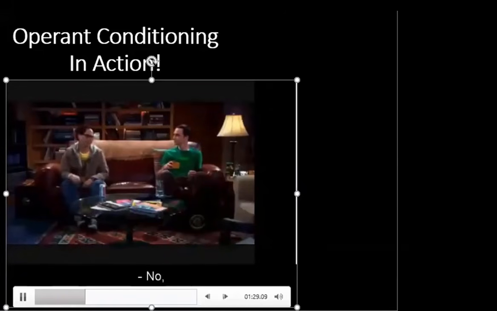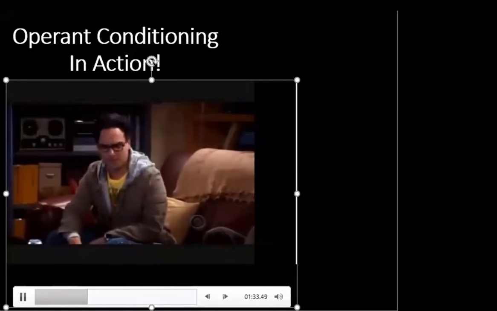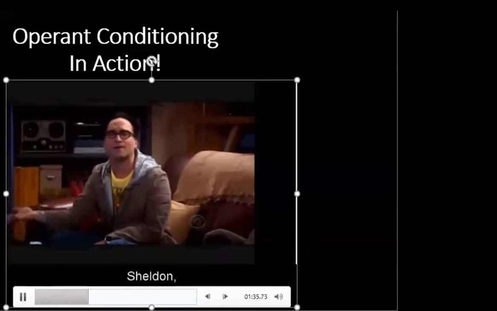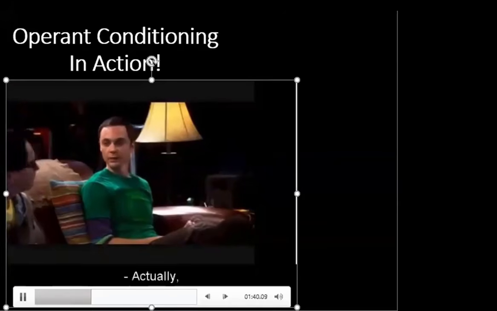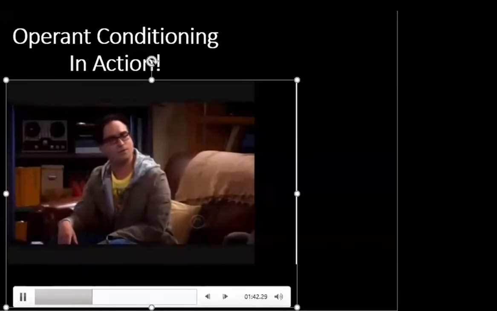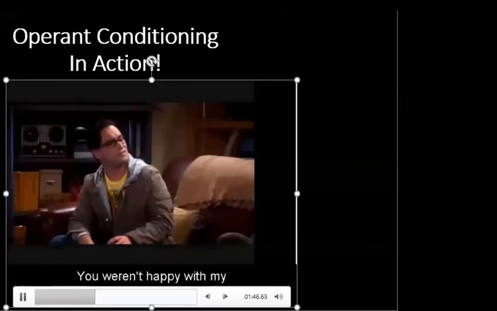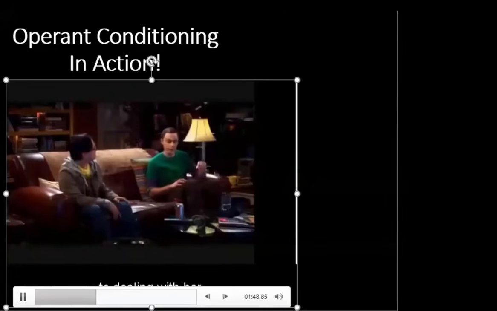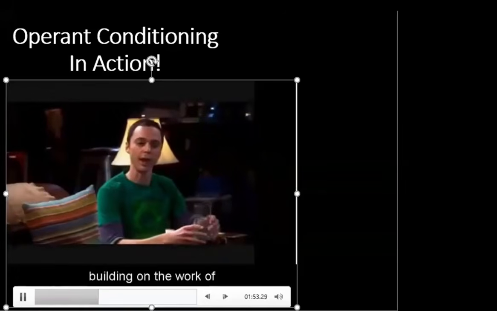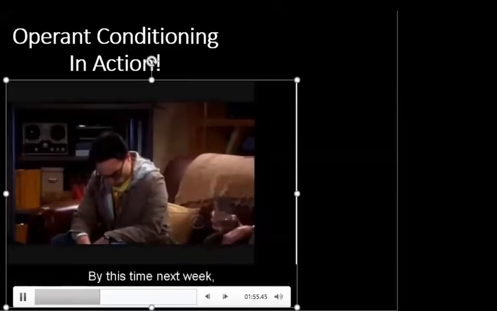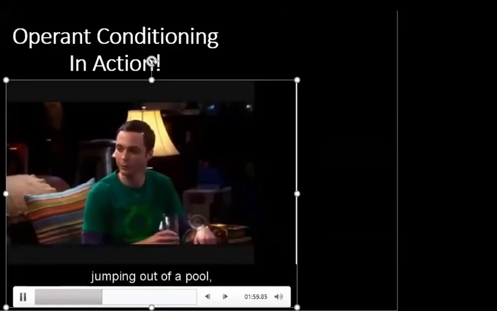No, I don't want... Sheldon, you can't train my girlfriend like a lab rat. Actually, it turns out I can. Well, you shouldn't. There's just no pleasing you, is there, Leonard? You weren't happy with my previous approach to dealing with her, so I decided to employ operant conditioning techniques, building on the works of Thorndike and B.F. Skinner. Yet by this time next week, I believe I can have her jumping out of a pool, balancing a beach ball on her nose.